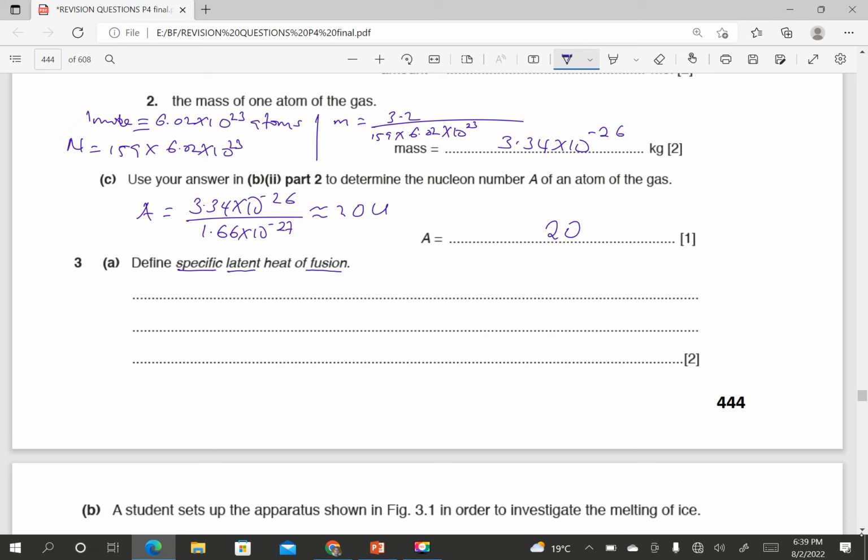So the thermal energy required to change the state between a solid and a liquid.